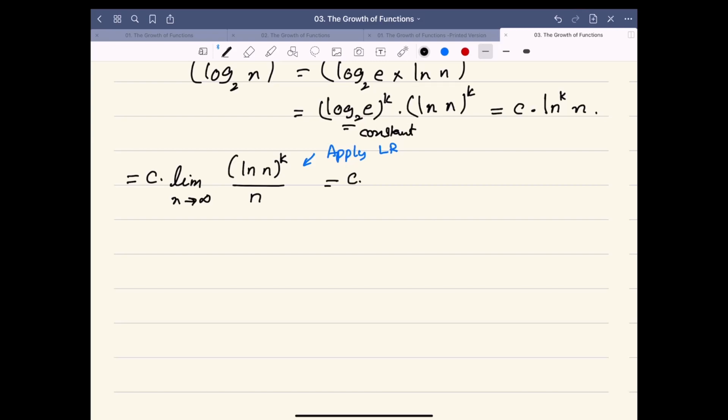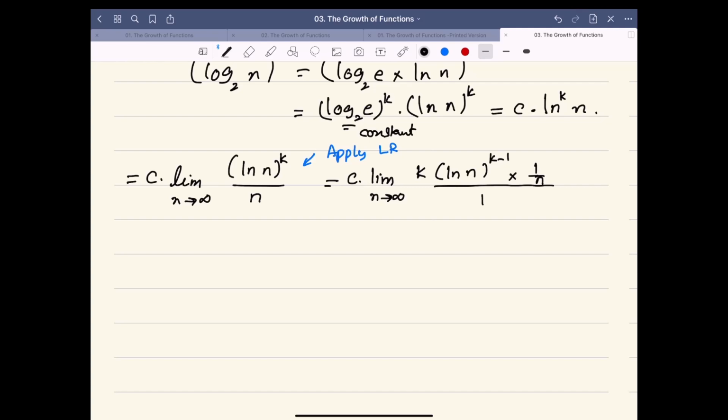So what is the answer we will get? We will get a constant, limit as n goes to infinity, and the derivative for this ln: first we multiply k by ln of n raised to power k minus 1, multiplied by the derivative of ln, which is 1 over n, divided by the derivative of n, which is equal to 1.